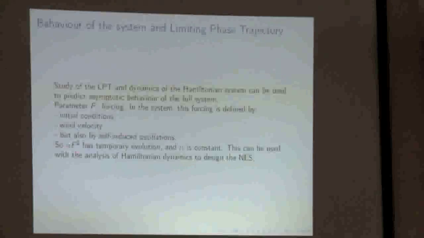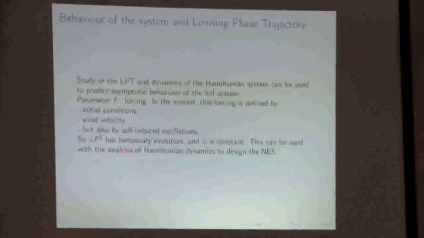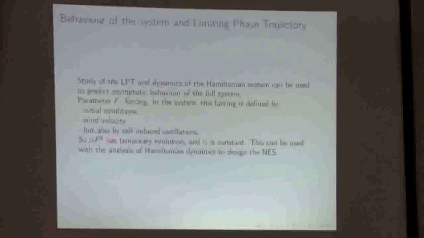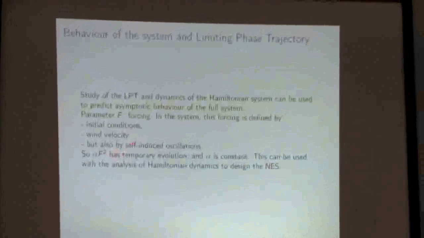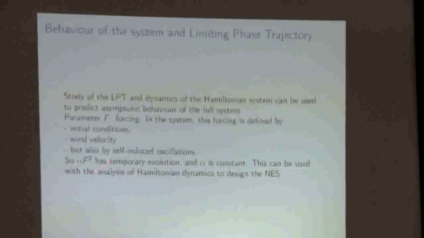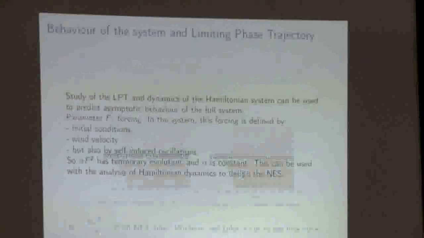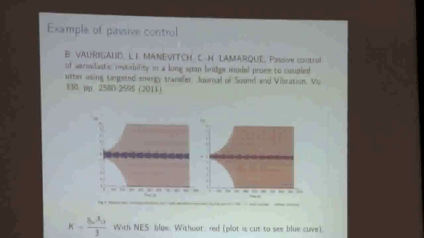So alpha in fact is not fully constant. Alpha is a constant, but it has a small evolution. And we could use this qualitatively, with the Hamiltonian dynamics, to make the design of an NES. And it is what we did here.